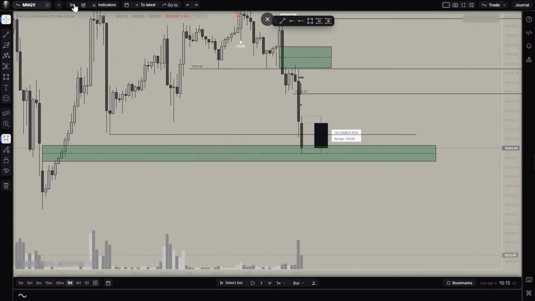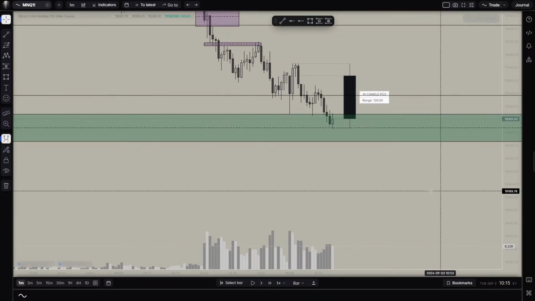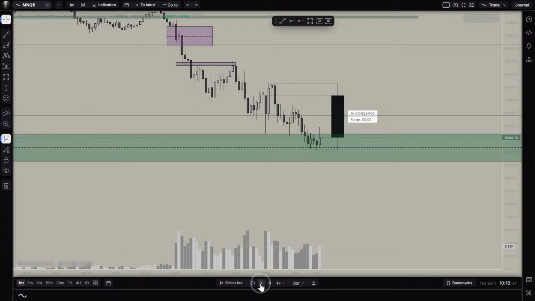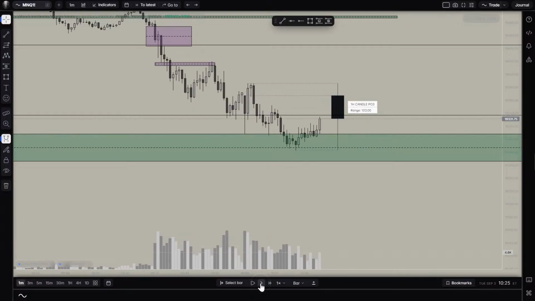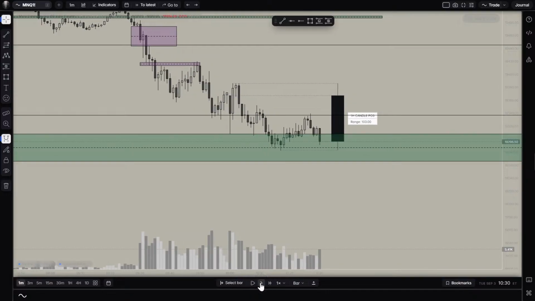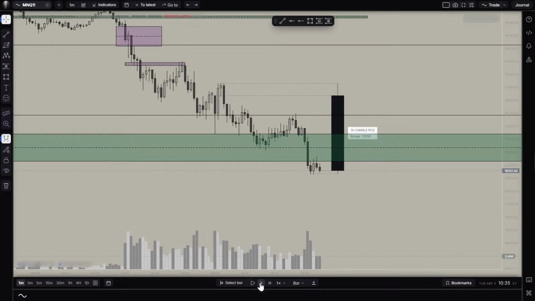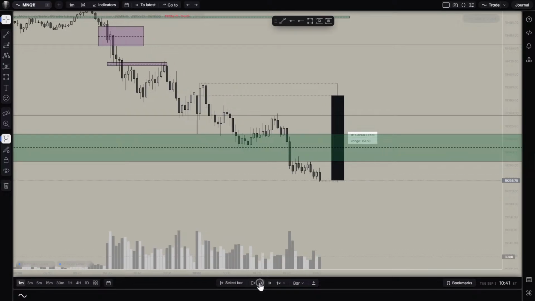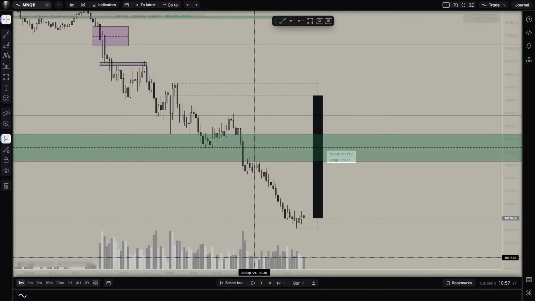And let's see, 10:30 will open now. So let's see how that behaves. 10:30 manipulates lower, no momentum. Yeah, it's just a bearish day.